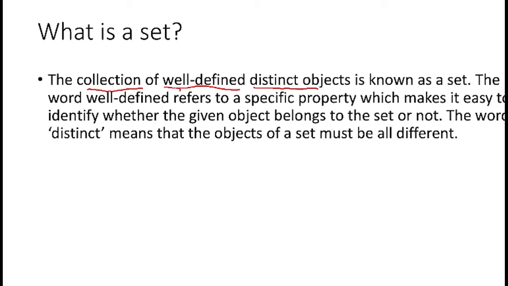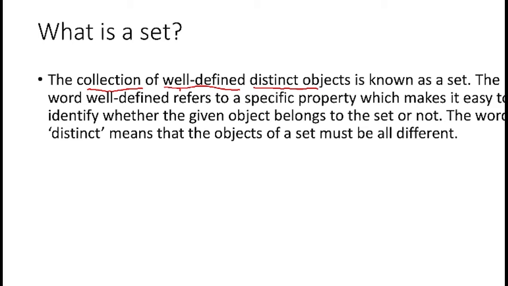Well-defined and distinct. What is the meaning of well-defined? Well-defined means we are very specific about the set and we know the property of the thing, like if I'm saying states in India, all the rivers in India, all the districts of Maharashtra, we are very particular about this.